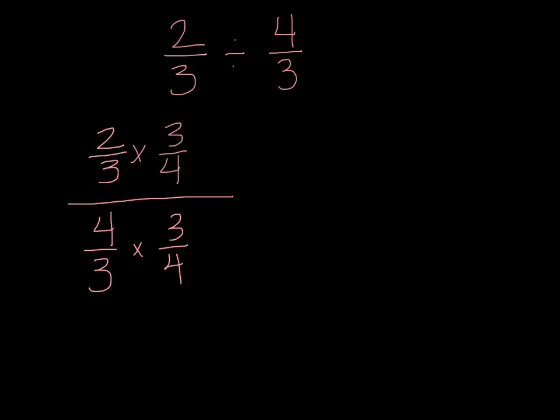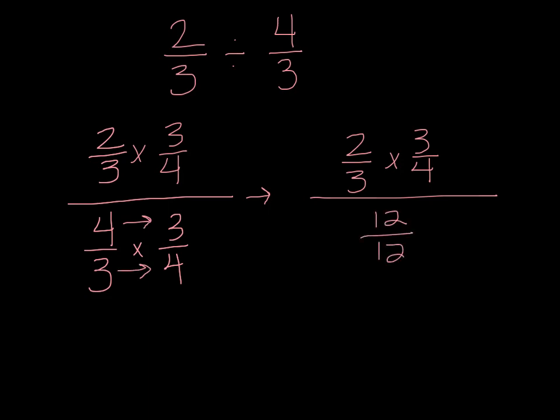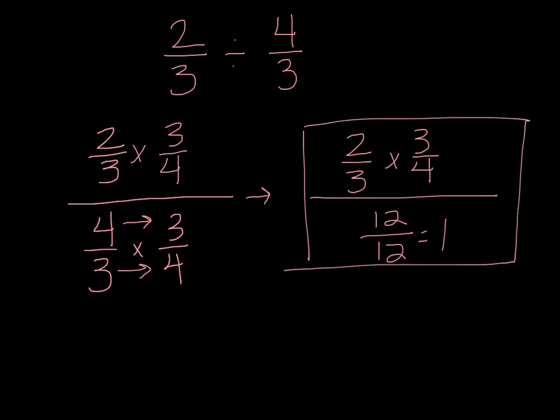Okay, now that we have that, I'm going to rewrite my expression. I'm going to keep the numerator the same for now to keep myself organized. And in the denominator, I know that 4 times 3 is 12, and I know that 3 times 4 is 12, which equals 1. So now that my whole big fraction is equal to 1, I know that I can only focus on the numerator.